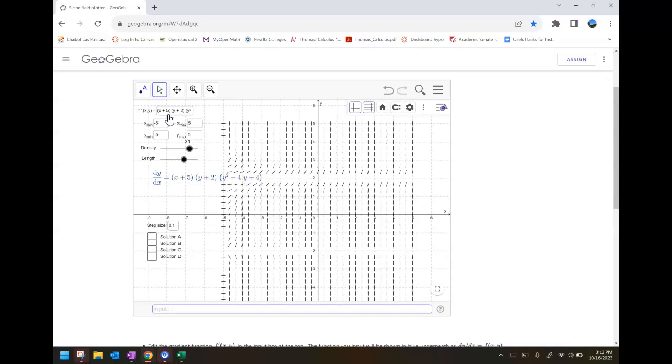Okay, so here we get the directional field.